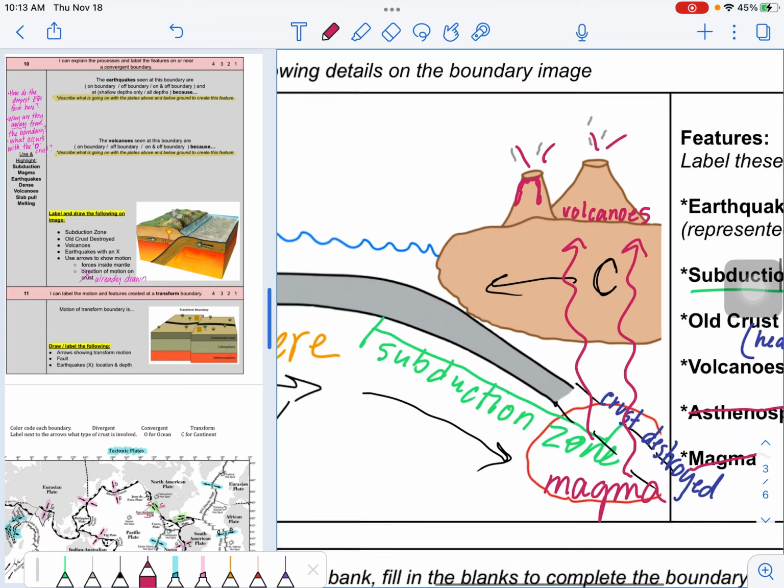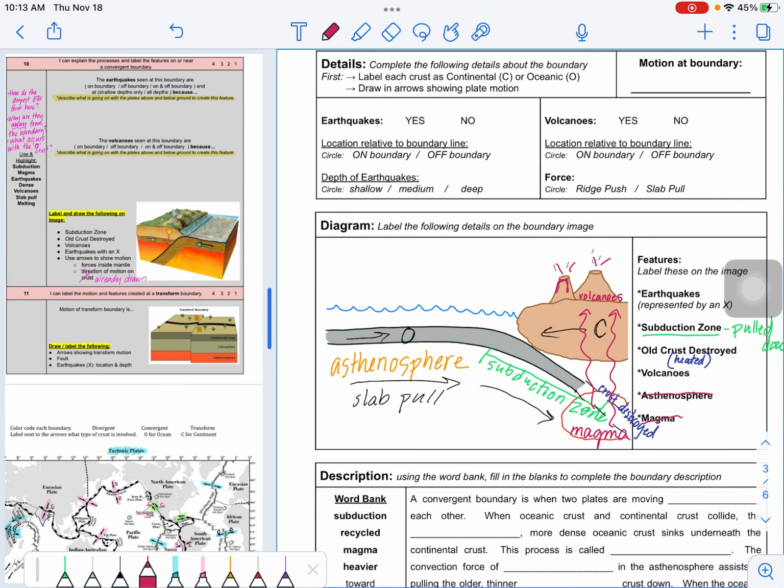So we know volcanoes exist here, but our question, just like on divergent, is where? What is their location relative to the boundary? Remember, the boundary is the spot where the two plates meet. So if I was labeling that up on my map, it'd be somewhere in here.